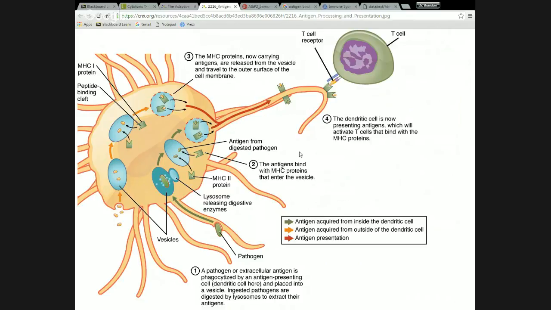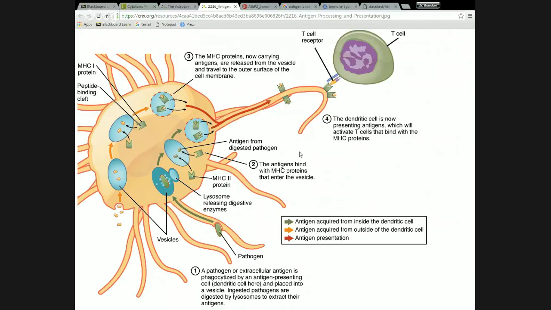So those are endogenous antigens that are made by the respiratory mucosa, and the dendritic cell is presenting them, which is really weird. It doesn't fit with what I've told you, but that's what happens. So instead of these being antigens made by this cell, these are antigens made by another cell in the body that the dendritic cell gets. And then this is class 1 MHC, and that presents out on the surface.